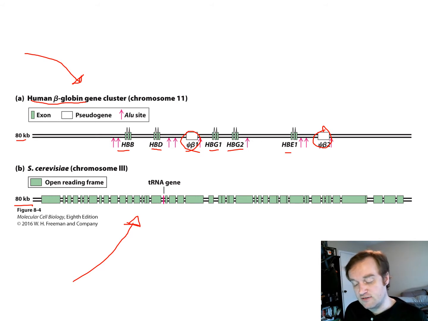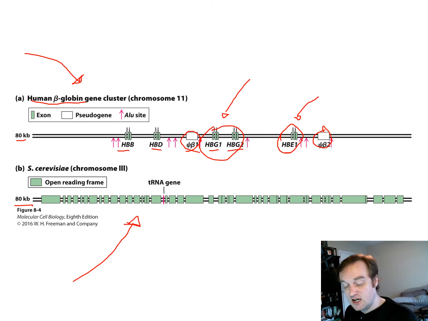In the case of humans, we have HBE1, and this is expressed during the embryonic stage of development. So when you're a very, very small multicellular ball of cells, HBE1 is expressed. But as you continue to develop and you become a fetus, HBG1 and HBG2 are expressed, which give a little more specificity and are more tuned to what the fetus needs from development.